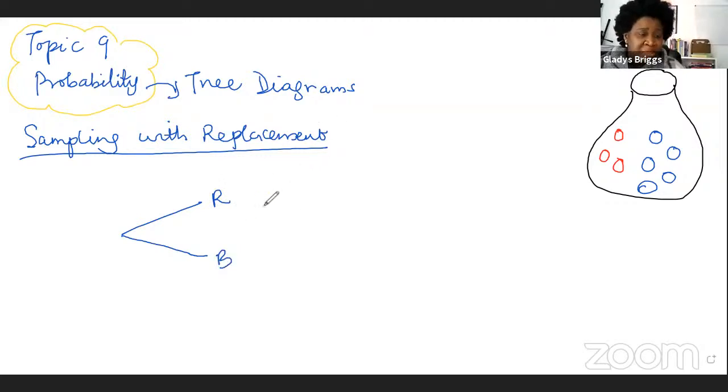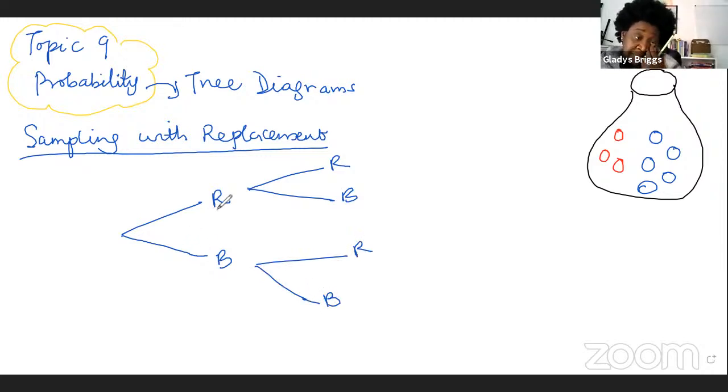And when you put whatever ball you took in, then you select another ball, then you could have a red ball or a blue ball again. Yeah, so if you selected red the first time, it may be that you selected red again the second time. If you selected red the first time, it may be that you selected blue the second time.